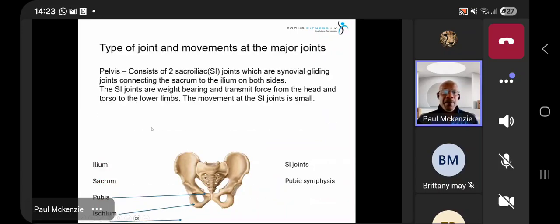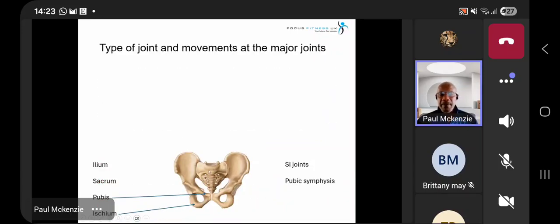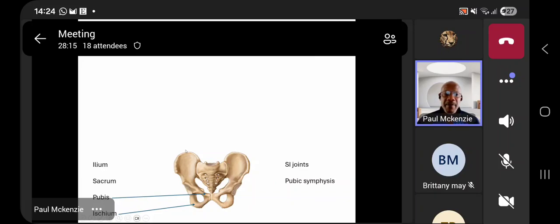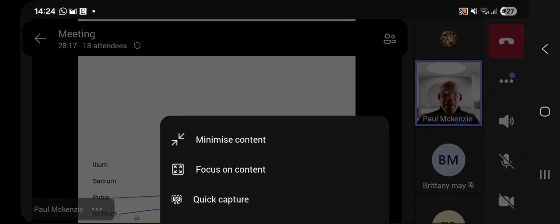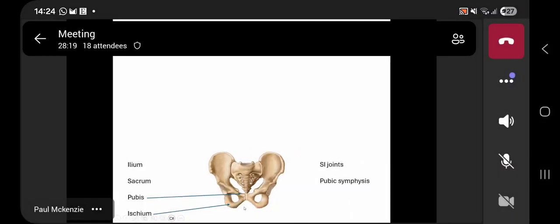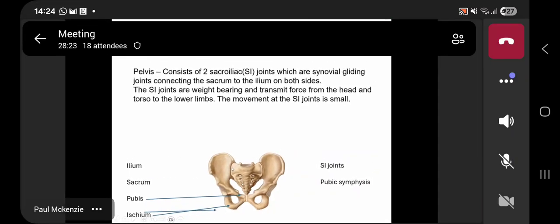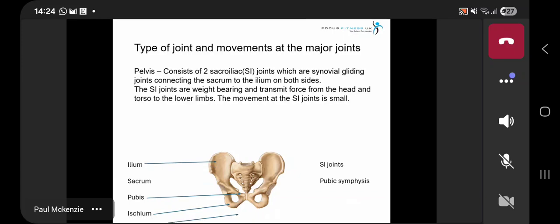Right. So before we look at the text, this is a representation of your pelvis. So again, remember your ilium, sacrum, pubis, ischium. So let's look specifically at a particular joint called the SI joint, sacroiliac joint. So pelvis consists of two sacroiliac joints.